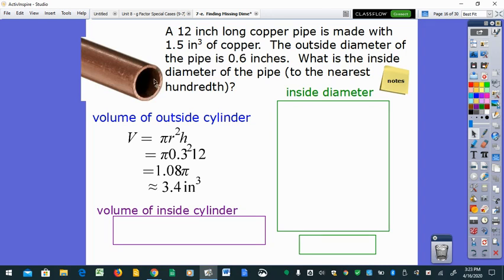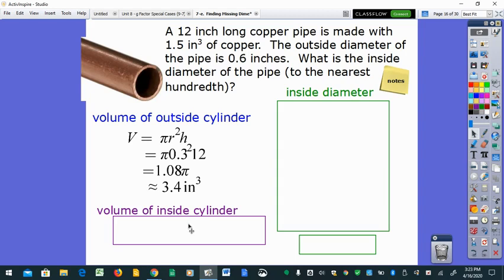Now that would be if it didn't have a hole. Now I'm trying to find what's going on with the hole, and they gave me the hula hoop. They gave me the ring as 1.5. So if I take the 3.4, which is the solid cylinder pipe, and subtract out the 1.5, which would be the ring, that'll give me how much volume the hole takes up.